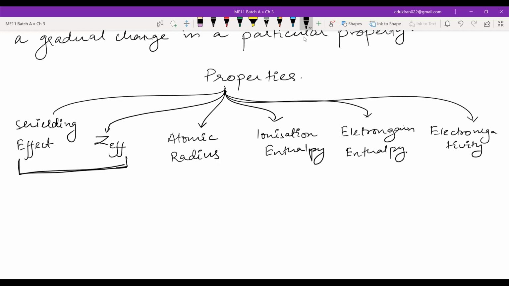Please let me know if you're done, then we will start with shielding effect. There's not much to write for shielding effect and Z effective. Just understand the concept of shielding effect and the effective nuclear charge.